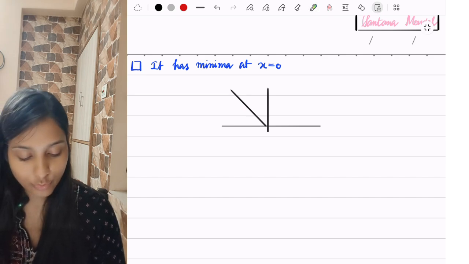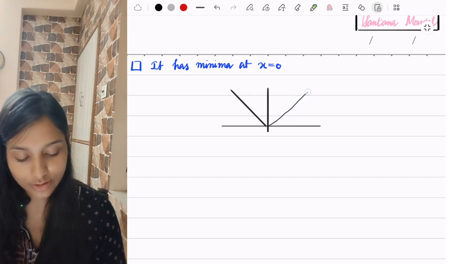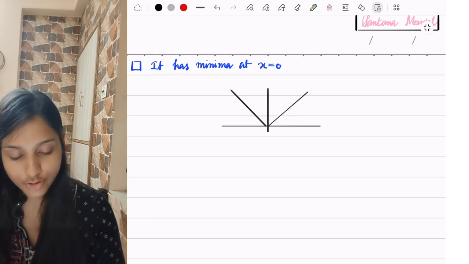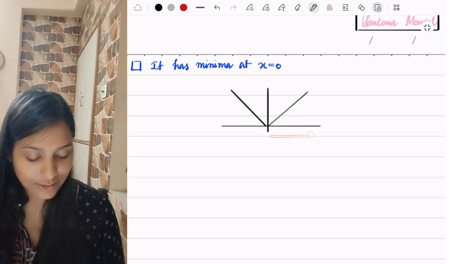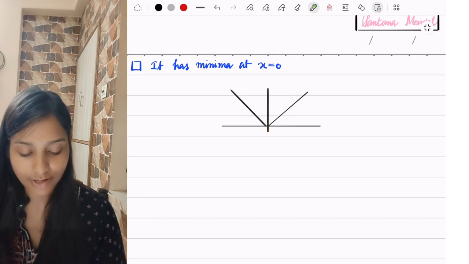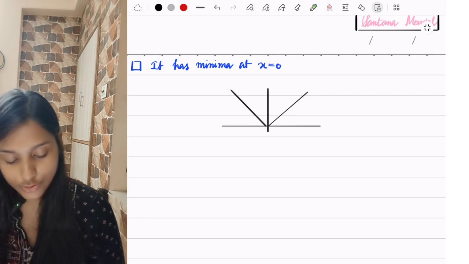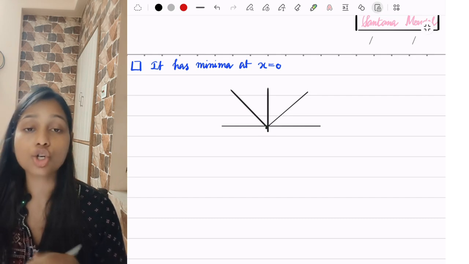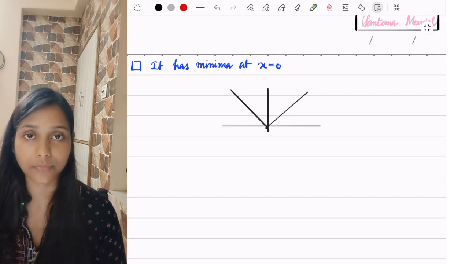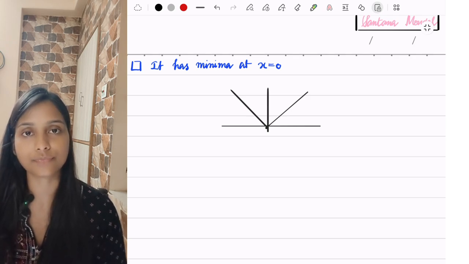After this, when we go from 0 to plus infinity, the value increases. So this point again has the minimum value. So it must have the minimum value at x equals 0, but we cannot show it by using the derivative, as this function is not differentiable at x equals 0.